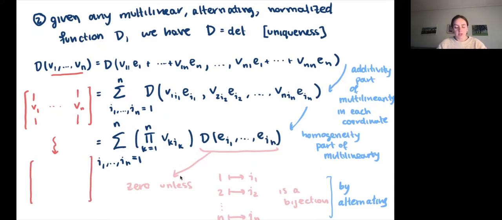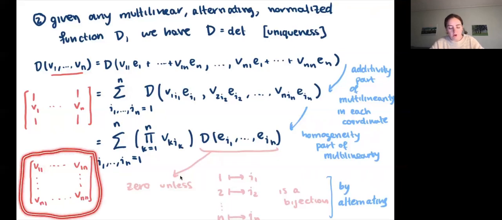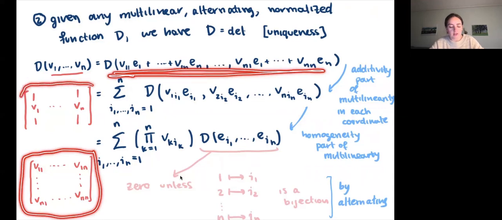So this would be V11 up to V1n, Vn1 up to Vnn. So, okay, let's compare these two matrices. These are the coefficients that I defined here. And this is like the matrix that we're taking the determinant of.